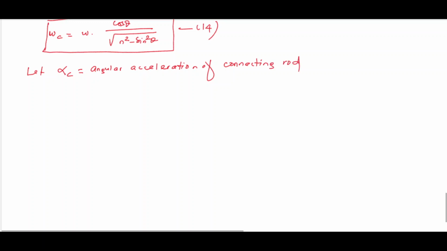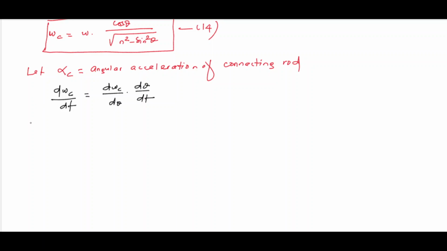Okay, so we can write here that d omega c by dt is equal to d omega c by d theta into d theta by dt.